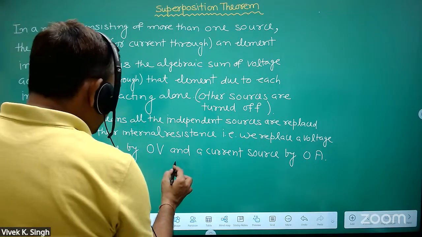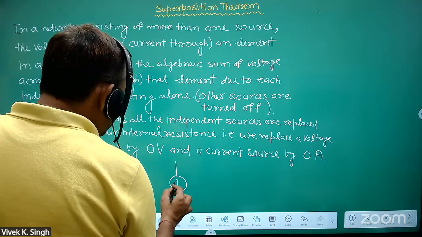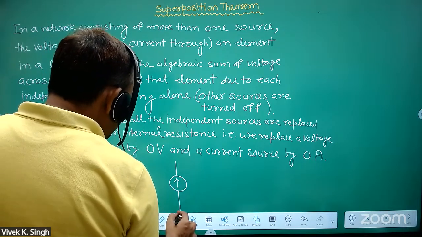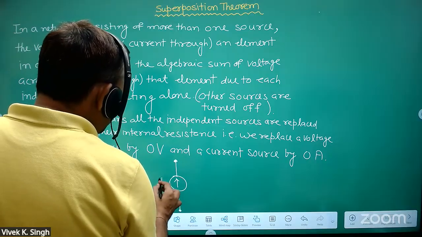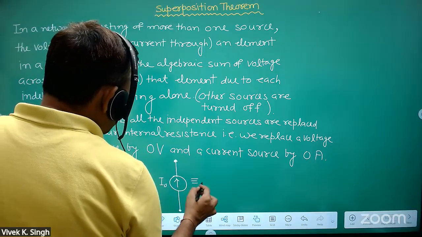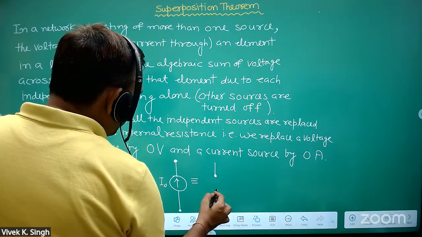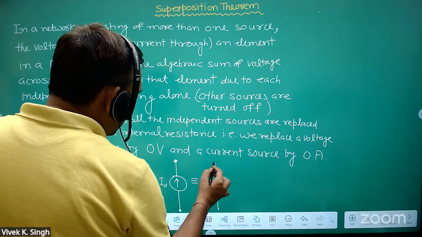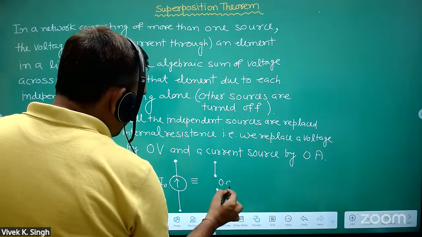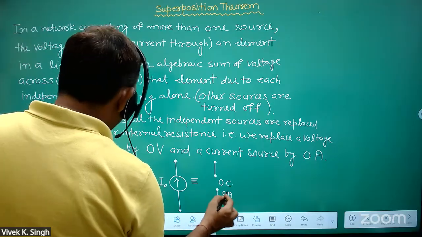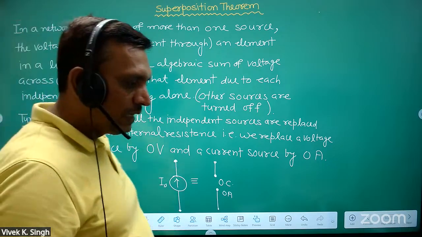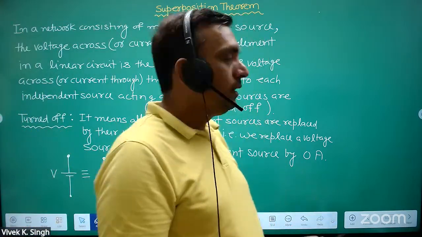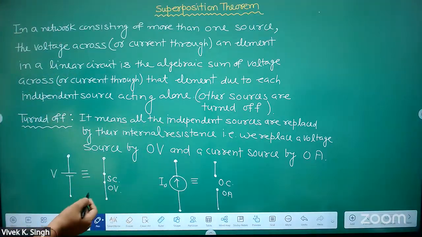And when you have a current source, this will be replaced by an open circuit. So 0 ampere, open circuit; 0 volt, short circuit. So that is the meaning of when voltage or current sources are turned off.